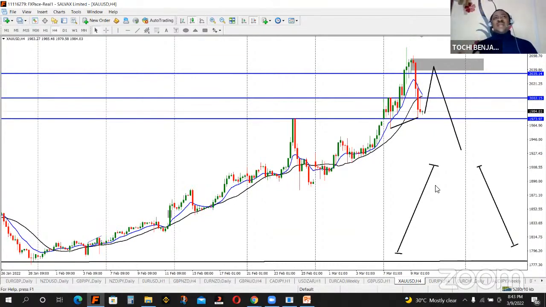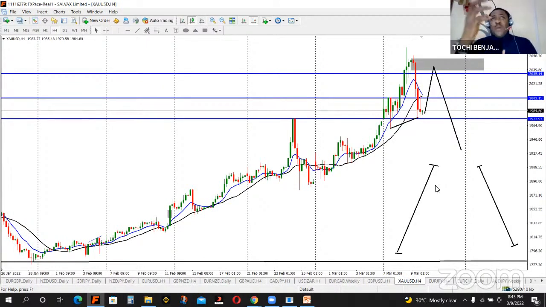That pullback is giving opportunities for other buyers to engage the market. You must understand that, because the buyers that joined that swing must have left. They have taken their profit and left the market. And since they left, the momentum of that market reduced.